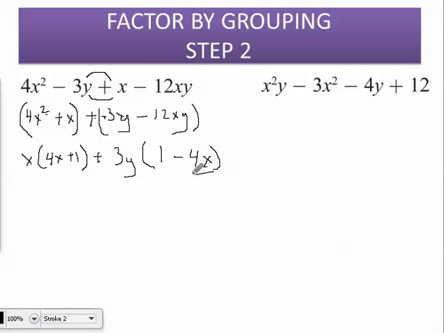Wait a second, this one and this one aren't the same. But you know what? If I made this a minus 3, then this becomes a minus 1, and that becomes a plus 4. And then I can rearrange that, and I get 4x plus 1 plus negative 3y times 4x minus 1.